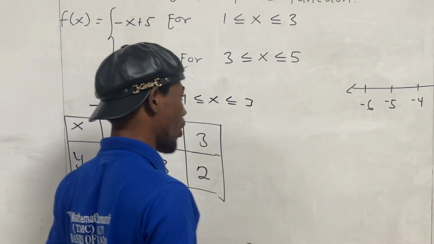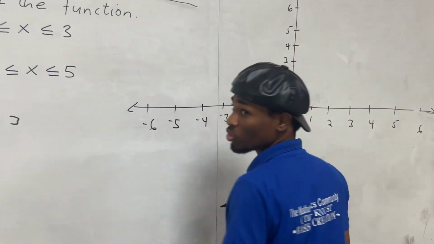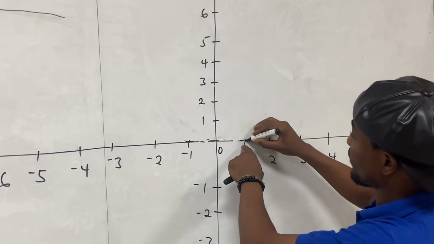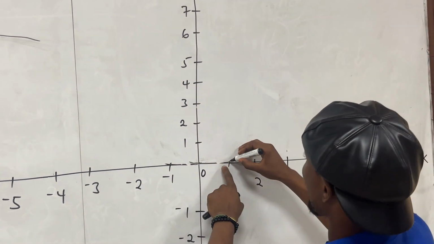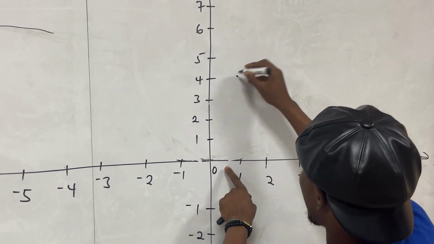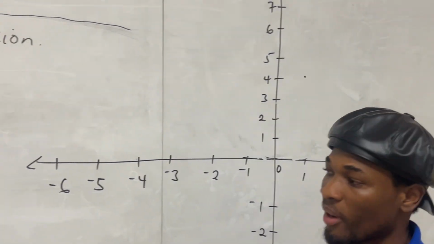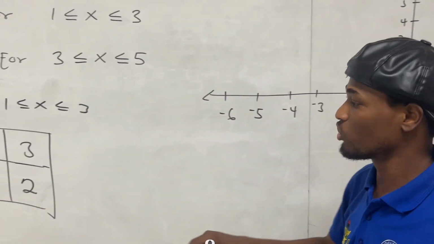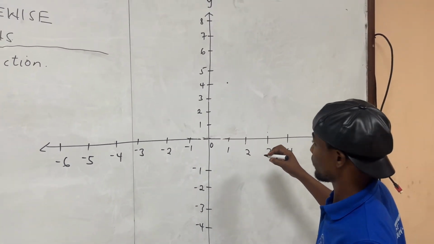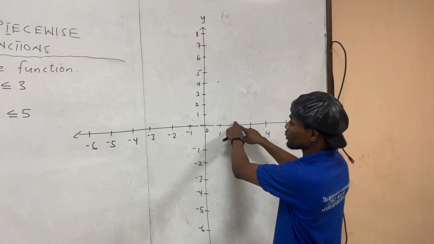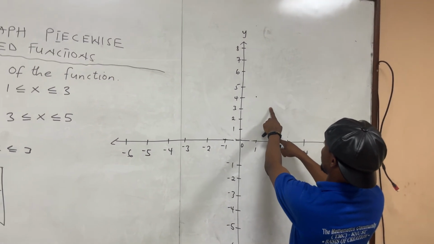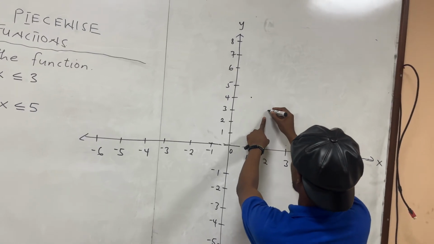So 1, 4 this way. So on the x-axis I have 1 and 4, somewhere here. Good. So viewers, here we have 2 and 3. So I have 2, then 3, somewhere here. Let's say somewhere here.